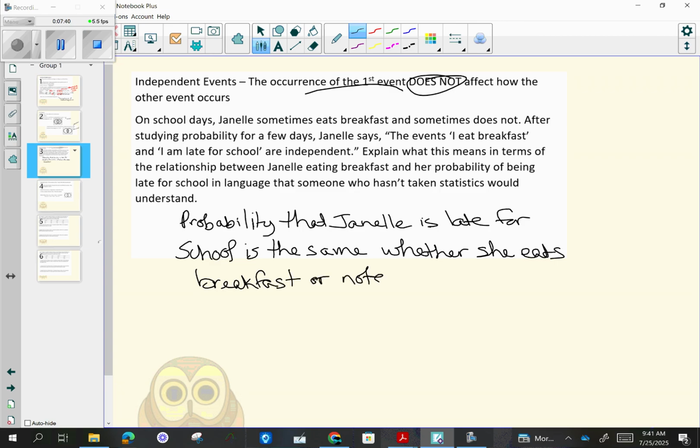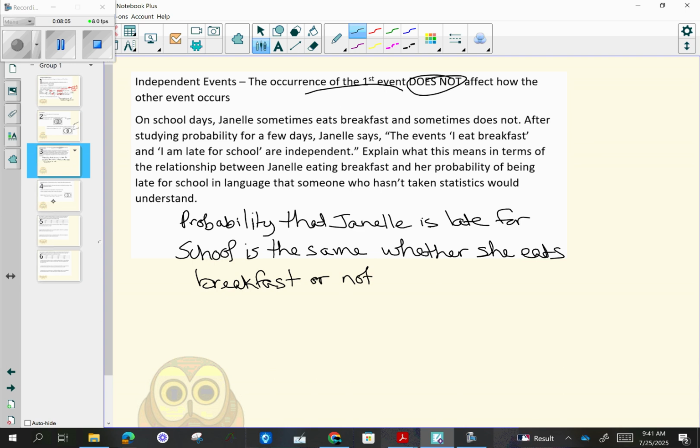So it just doesn't matter. You could have said, it doesn't matter if Janelle eats breakfast or not, she gets to school at whatever time. The breakfast doesn't affect her timing for the rest of the morning.